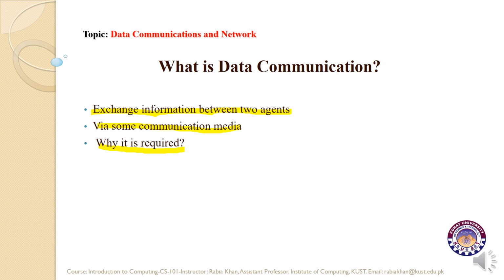And data communication is also required for the exchange of information that we normally do using emails. Another benefit or requirement is that information sharing is made possible through it, such as by using internet or web, we can share information between two communicating parties.